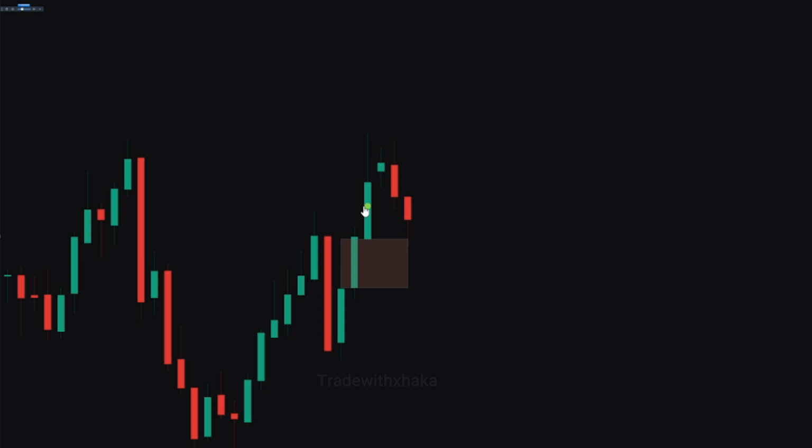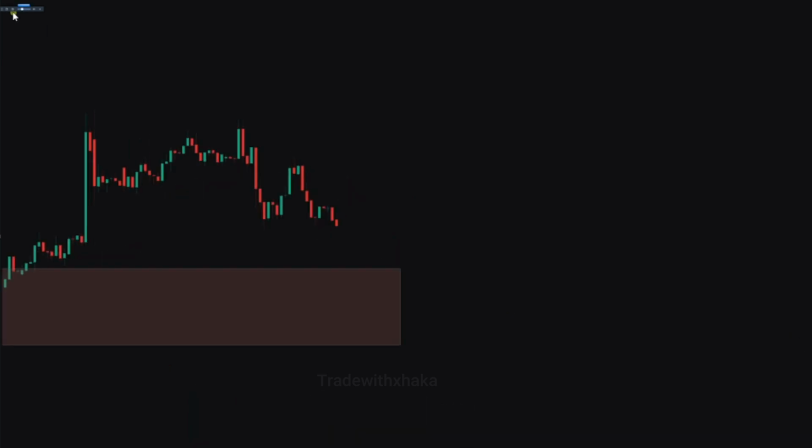So we drop down to the 1 hour time frame to look for market structure shift. You can look at the top left corner of the screen, we are moving to the 1 hour time frame. Now that you're on the 1 hour time frame, let's look for market structure shifts. Beautiful.